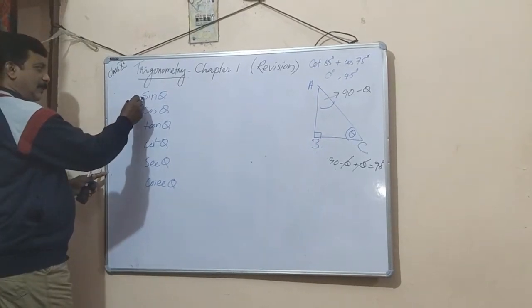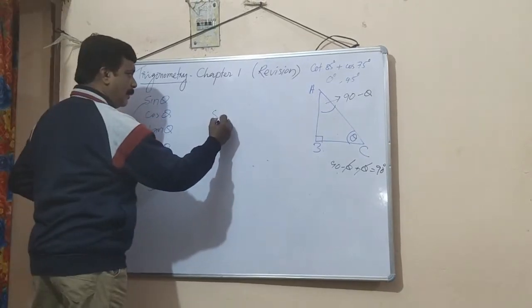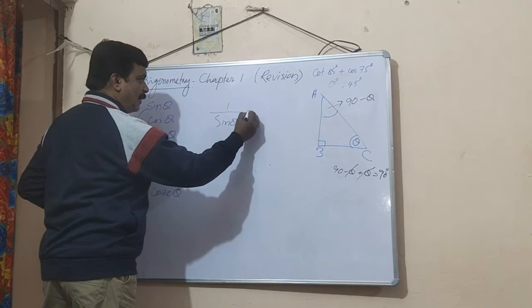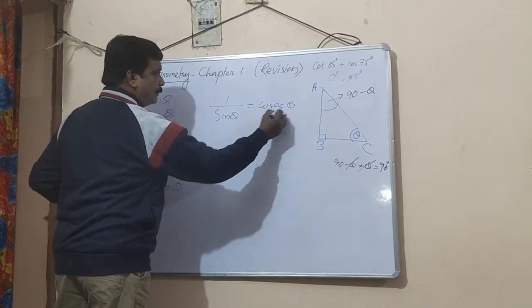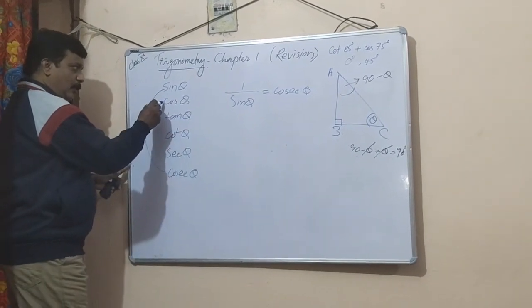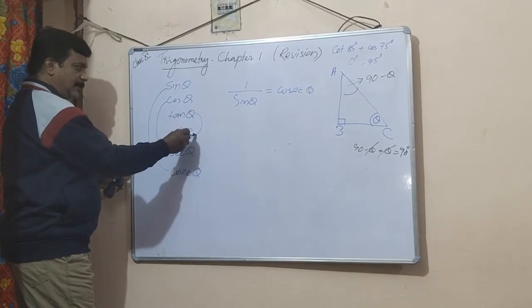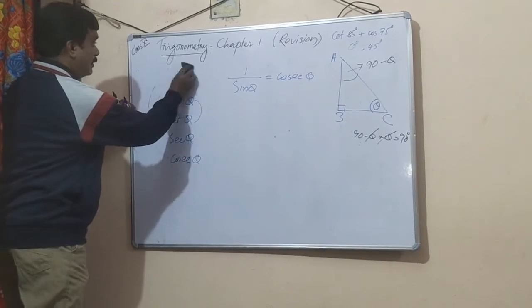You see, the reciprocal of sin is cosec. It means 1 upon sin theta, reciprocal of sin theta, that is cosec theta. That's the meaning of reciprocal, right? So cos reciprocal is sec, tan reciprocal is cot.